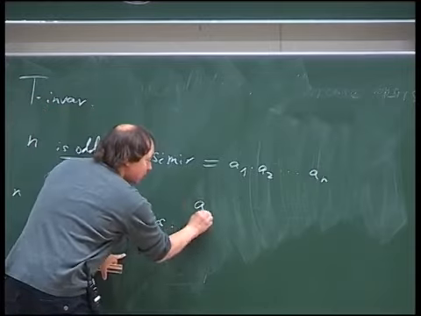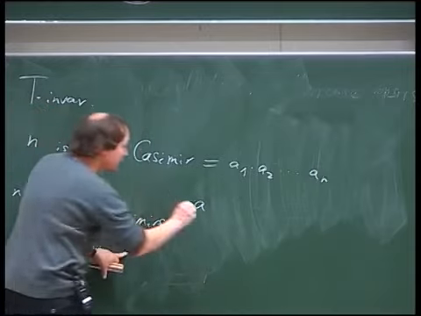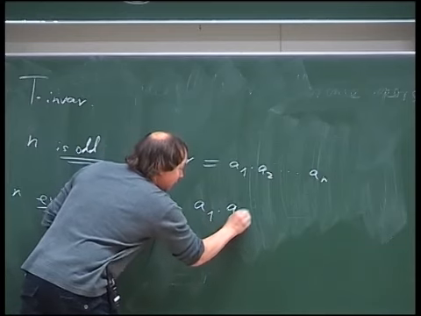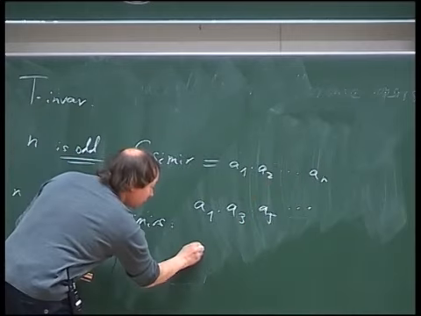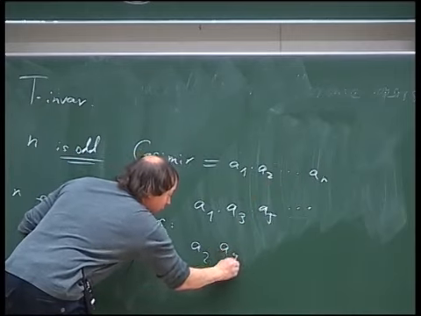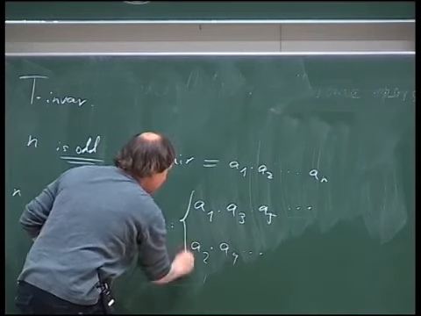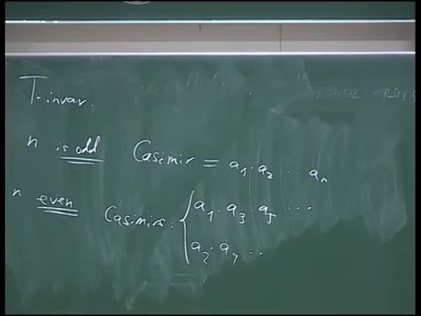It is all odd, A1, A3, A5, and all even, A2, A4, and so on. So we have two Casimirs. Otherwise, it is symplectic.